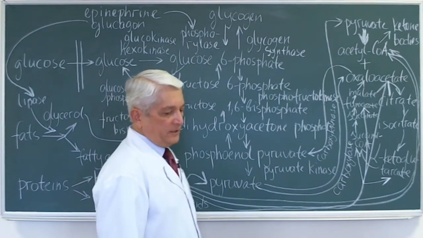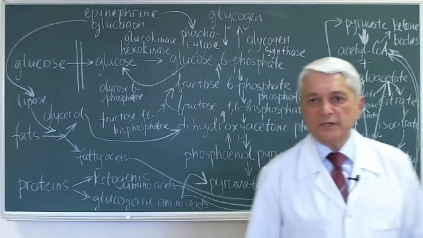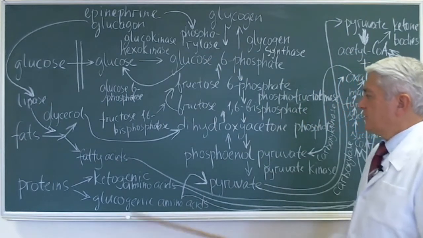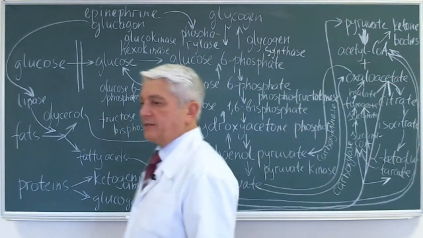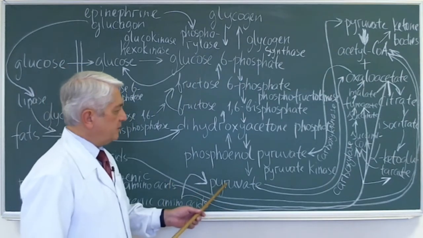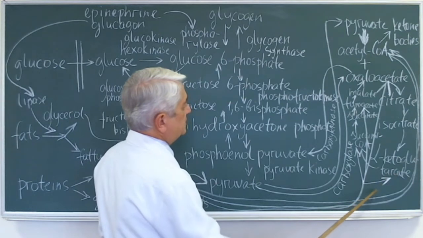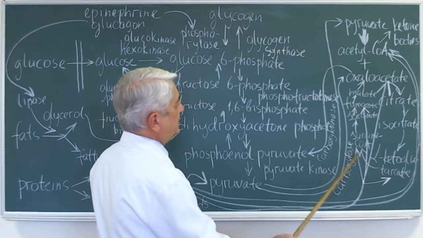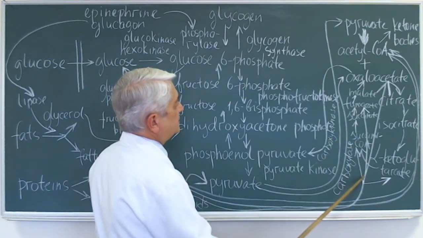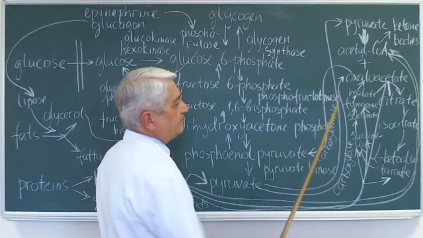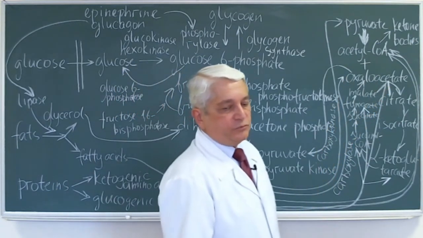And finally, we have all arrows. Let's check once more. So some glucogenic amino acids will produce pyruvate, some alpha ketoglutarate, some succinyl coenzyme A, some succinate, and some oxaloacetate.